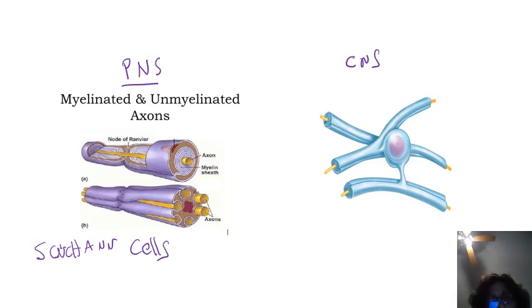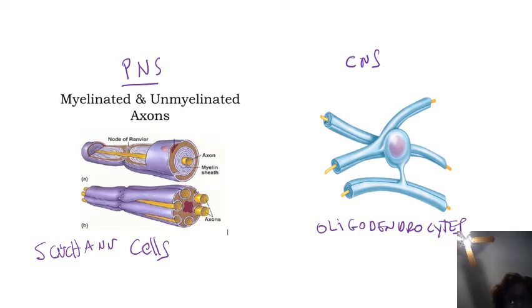In the CNS, the cells that myelinate axons are called oligodendrocytes. Notice that these cells work in a very different manner.